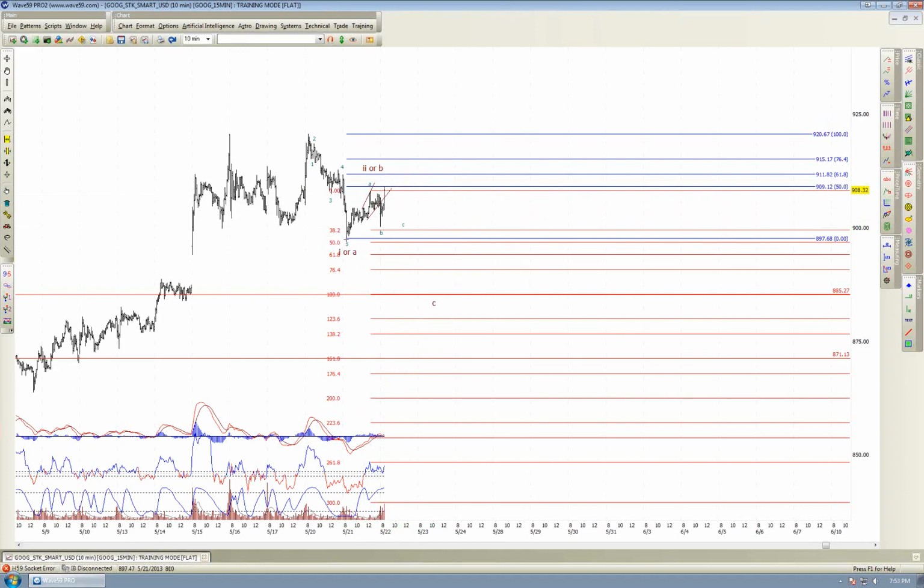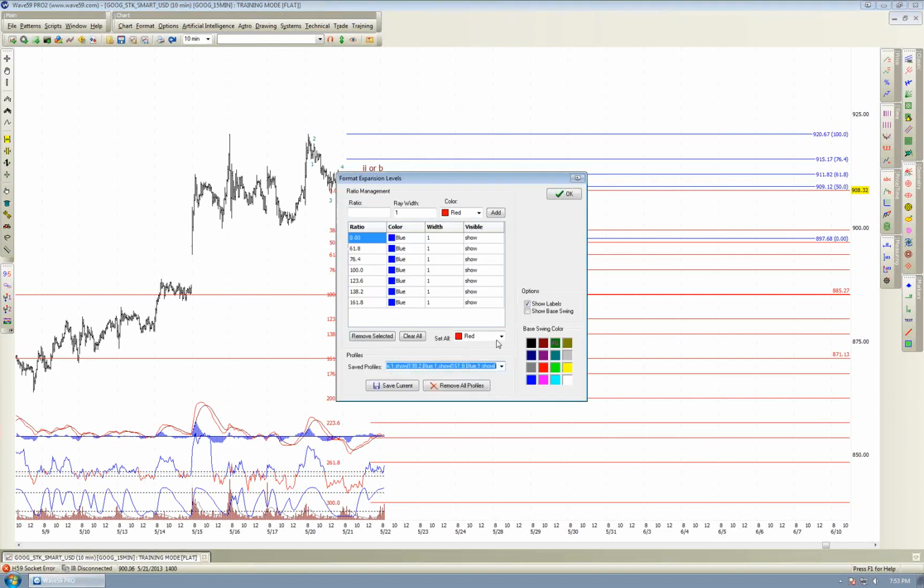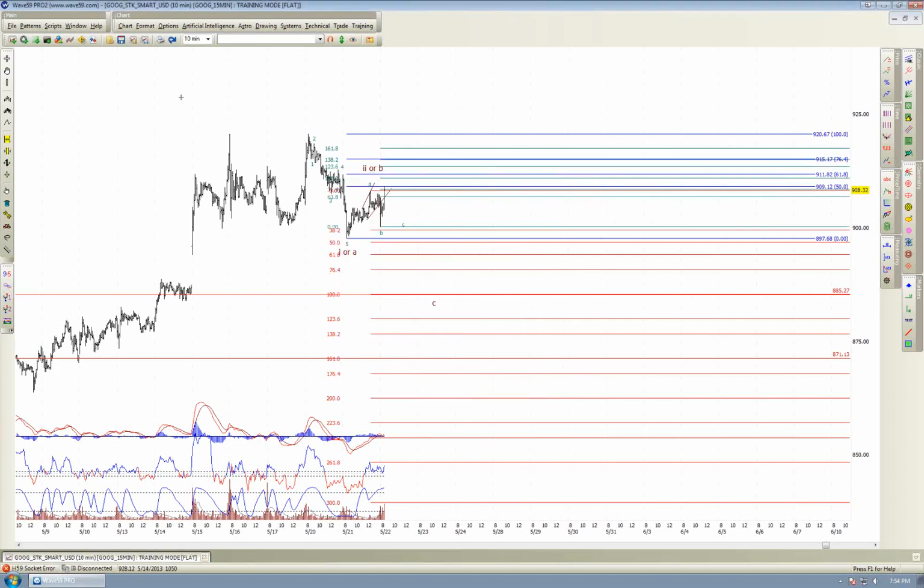So now that we have a larger A and B in place, let's go ahead and see where our C wave might stop. So we have some fib confluence between the 1.382 extension and the 0.764 retracement. Both of those fibs are lining up right on top of each other. However, the 0.618 and the 1.0 are fairly close together, so if you're looking for a re-entry, that's probably going to be your place to do so.